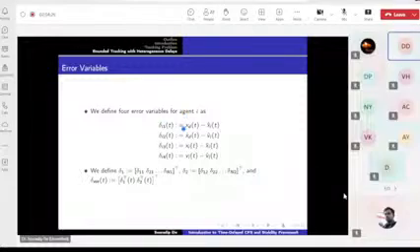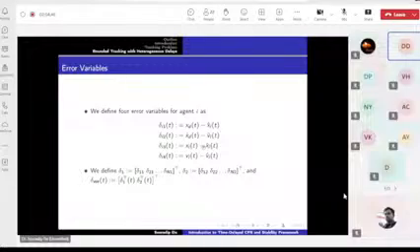Now, let's say we are defining the error variables like this. This is my desired trajectory, and velocity state also. And what about these two states? This is the difference between actual agent states and the estimated states.